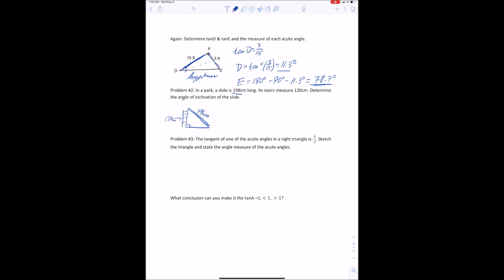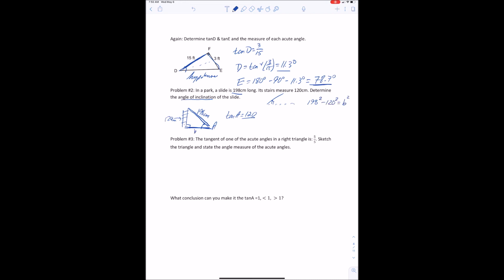So remember what angle of inclination means. It means from a horizontal line upwards. So where's that in our diagram? It's right here. So if I want to find that angle, which I'll just call A, the tangent of A is its opposite, which is 120, but I don't have the adjacent. So I have to do a really quick Pythagoras calculation to find that base.